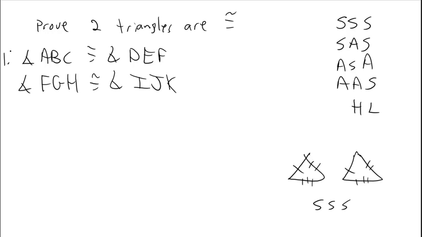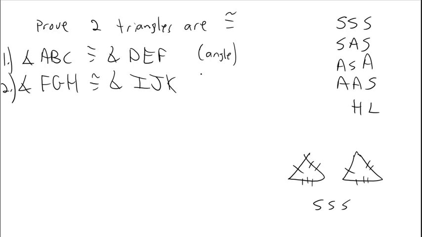So assuming we already have these statements in here, if we're trying to prove two triangles are congruent, these are the only methods we have. And so in the proof itself, we need to show that we have three of these things the same. For example, right here, this first statement is an angle. These are two angles that are congruent, right?